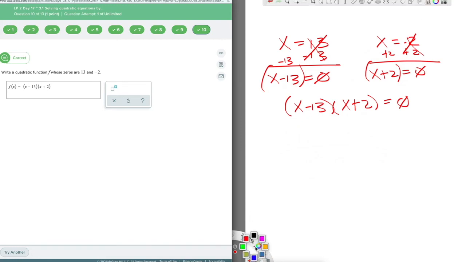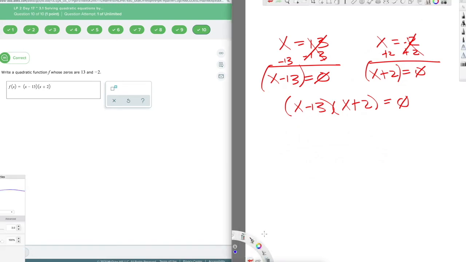I tend not to necessarily follow FOIL. It's the same idea, but what I do is follow the first one. So I go x times x, and that's x squared, and then x times the second piece, so that's plus 2x. And then I take this next one, and I'll do that in green. I go -13 times x, and that's -13x. And then -13 times 2, and that's -26.